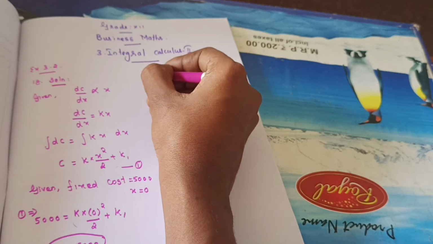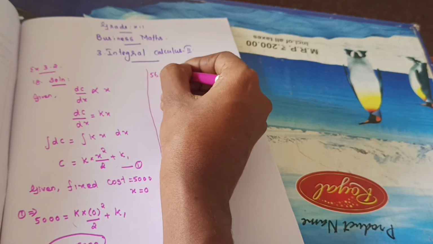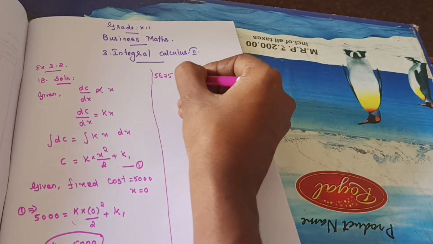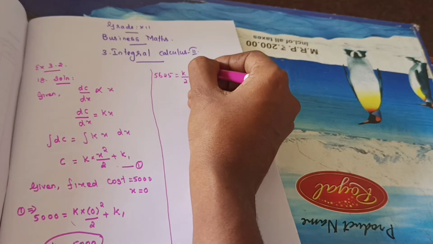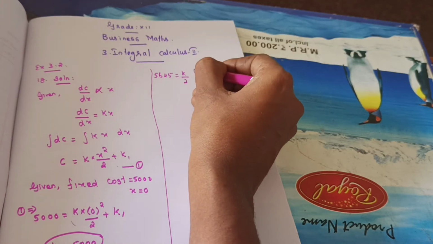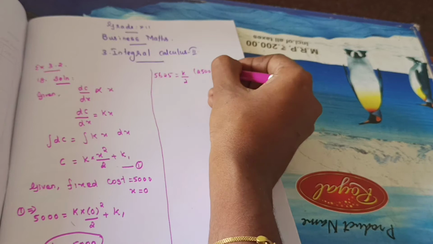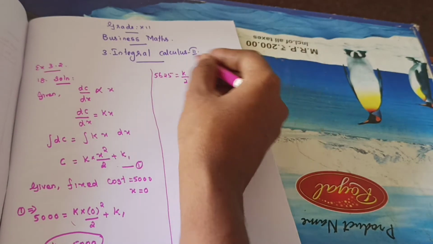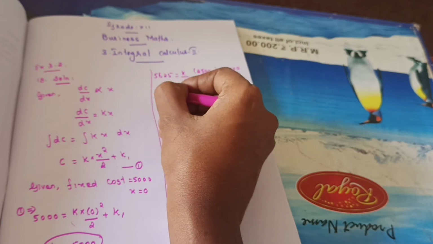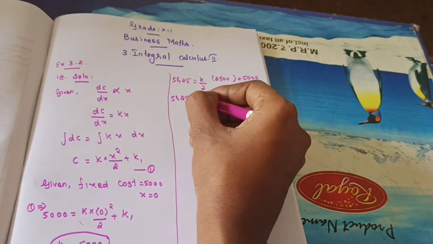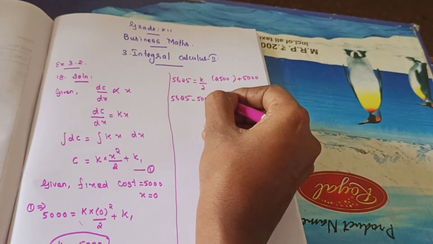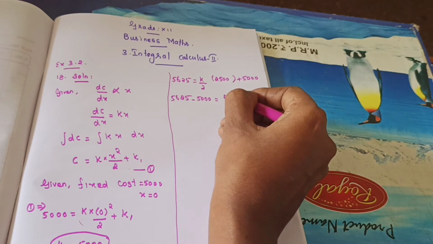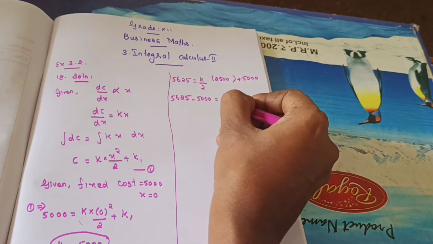Understand? So 5625 is equal to k by 2 into 50 square, which is 2,500, plus 5,000. Now bring this to this side. So 5625 minus 5,000 is equal to 2,500 k divided by 2.